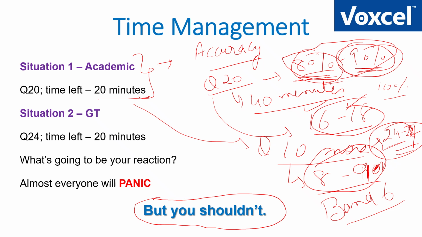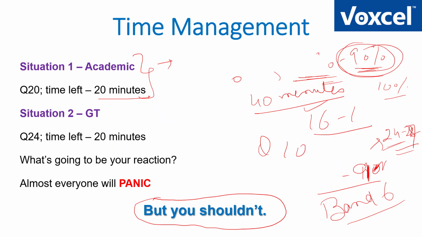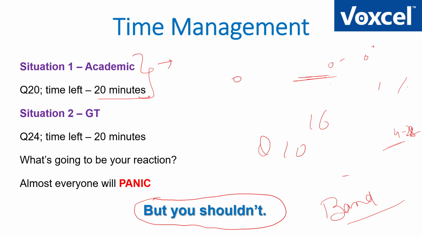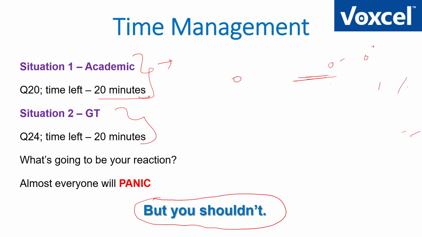Now let's look at GT. For GT, if you have attempted this exam, or if you know about this particular pattern of reading, you know passages 1 and 2 are shorter than the third passage.